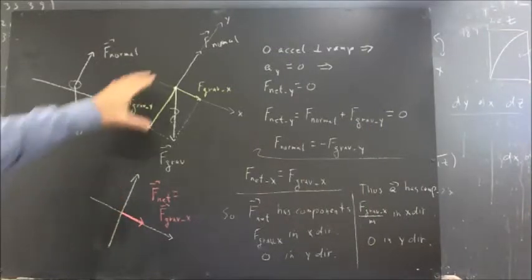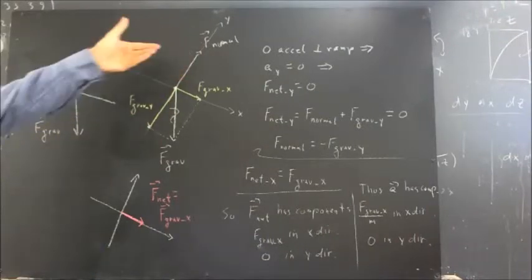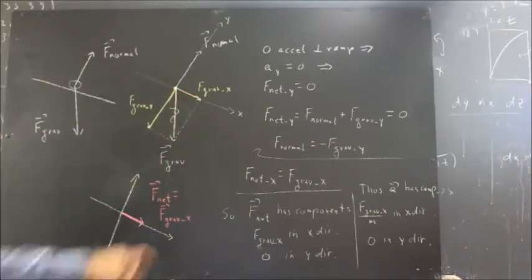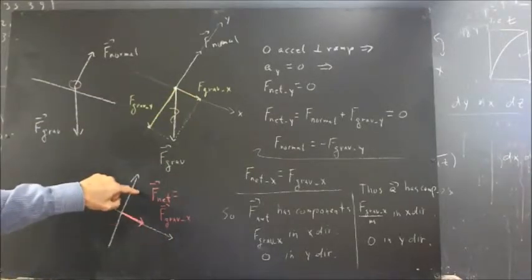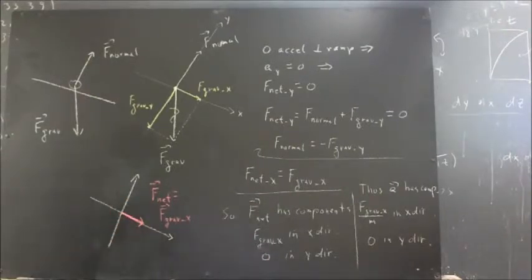But anyhow, I can then replace this picture, since this vector and this vector add up to 0, with just this picture that has only this one vector, the F grav x, which is now your net force. So your acceleration is going to be that net force.